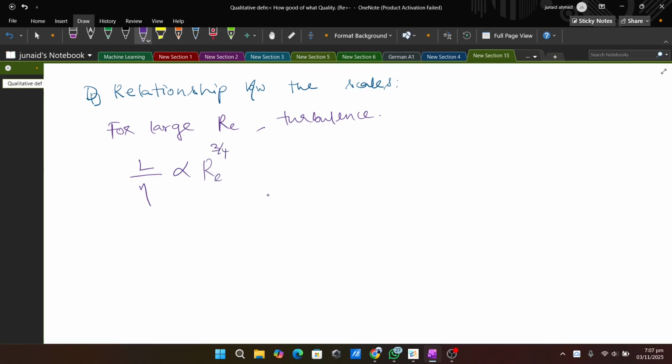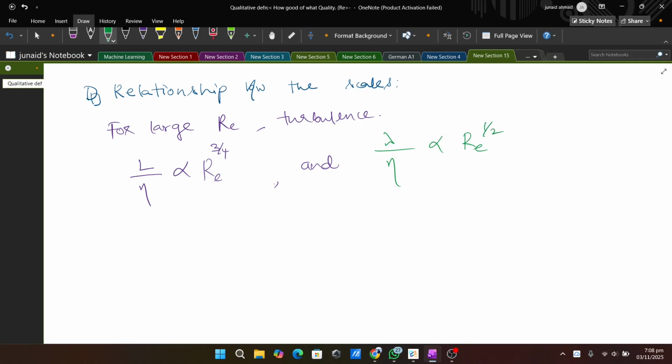Okay, and we can say another relationship between these terms: lambda over the Kolmogorov microscale is proportional to the Reynolds number to the power 1 over 2.